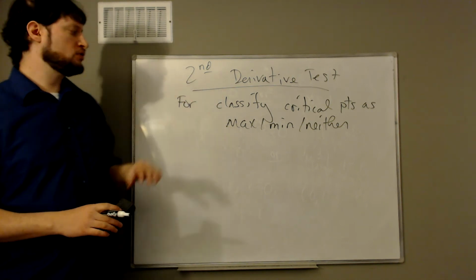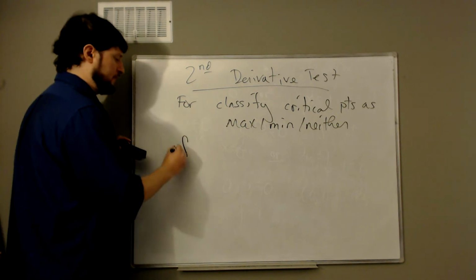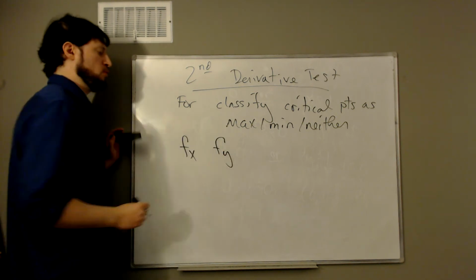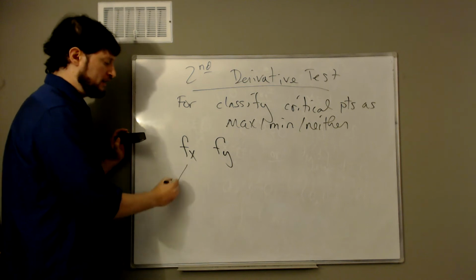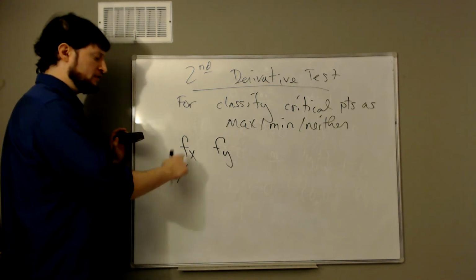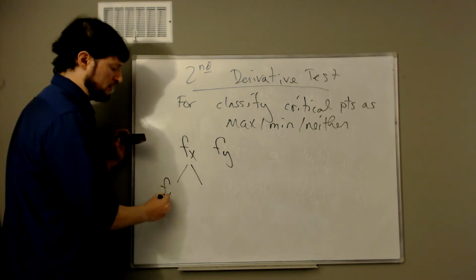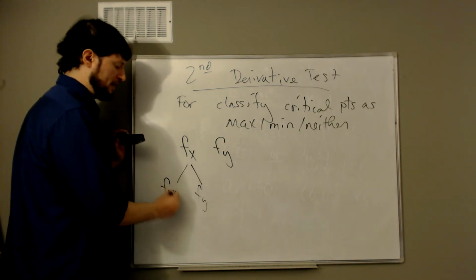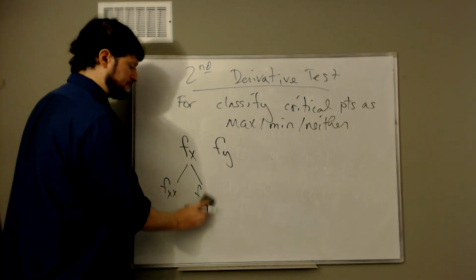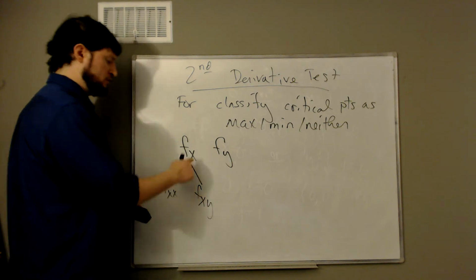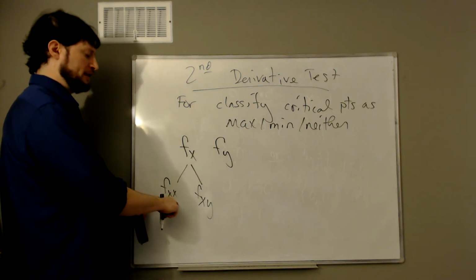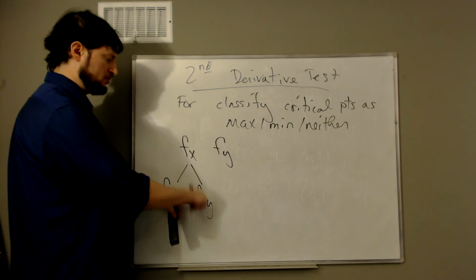So we need to use, remember, if we have f sub x and we have f sub y, well then I can think about each of these as having a second derivative as well. f sub xx, f sub xy. Right, the derivative of f sub x with respect to x and the derivative of f sub x with respect to y.